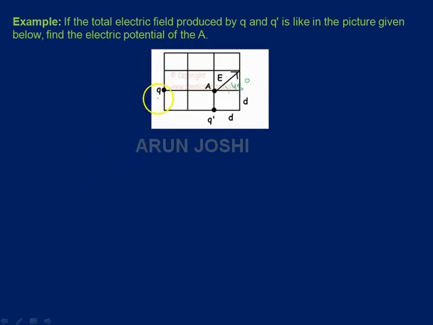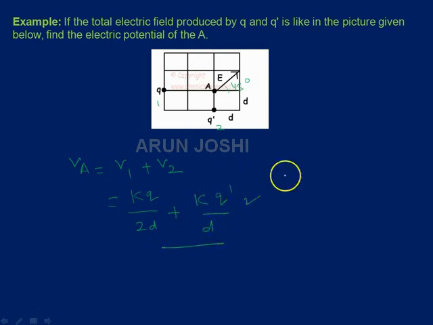If I say this charge particle is 1 and this charge particle is 2, potential at A can be written as potential due to charge particle 1 plus potential due to charge particle 2. Potential due to charge particle 1 is KQ upon R. What is the distance? I think graph paper is known to all of you. This is D, this is D, this is D, so you will say 2D. And the potential due to Q dash is K Q dash by D.